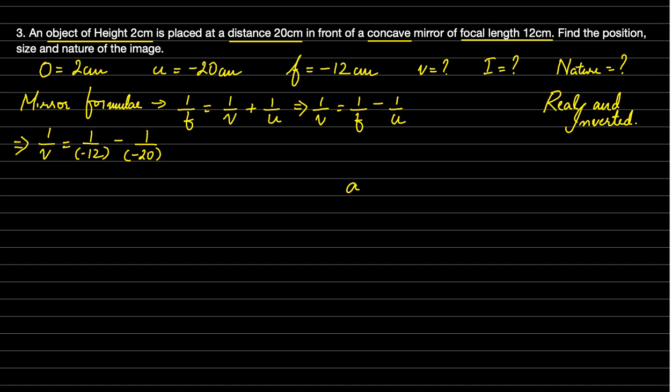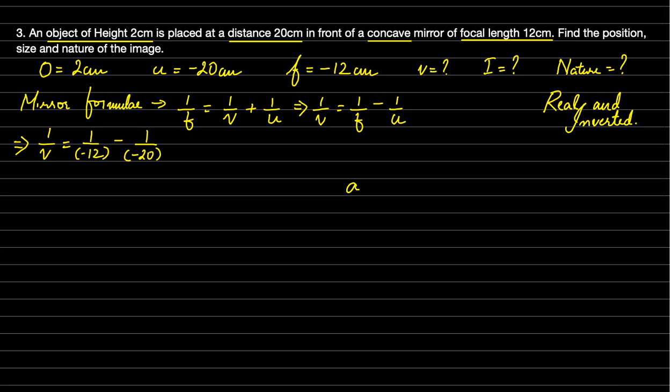So I write it in the next line here. 1 divided by v will be equal to, 12 and 20 LCM is definitely going to be 60. So here LCM is 60, so 12 into 5 times, so I get minus 5 because I have minus here, plus 20 into 3 times is 60, so we get plus 3.